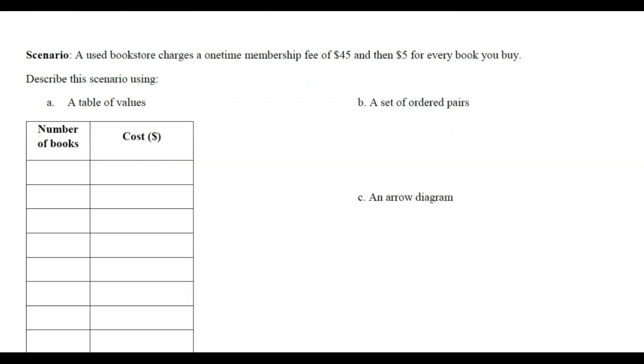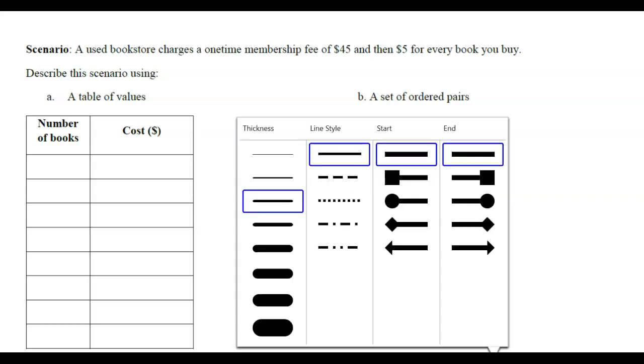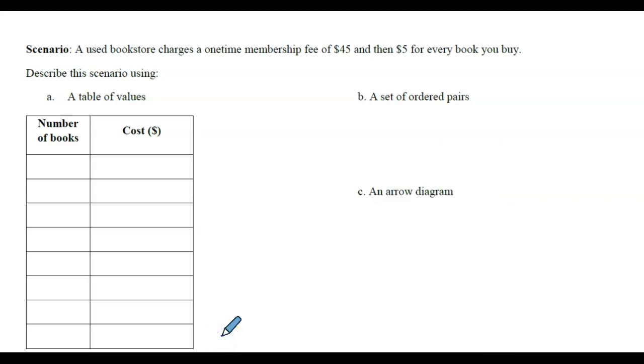So, table of values. If you sign up, this is saying that for 0 books, it's still going to cost you $45 just to be a member. Then for 1 book, it will be $5 extra to that, so that would be $50.